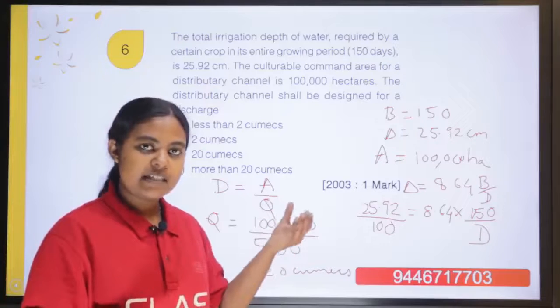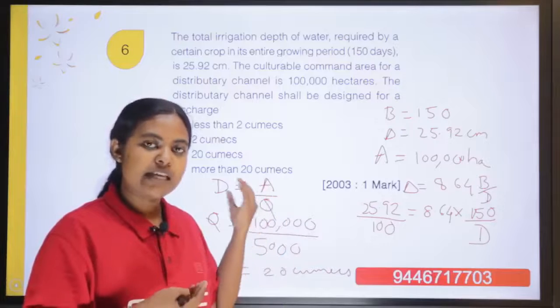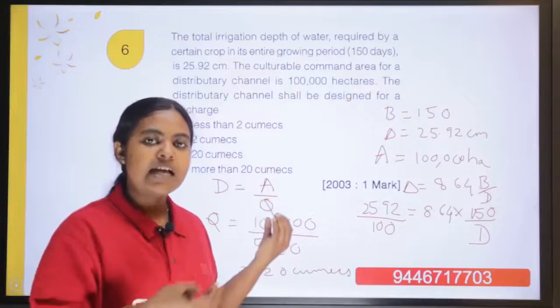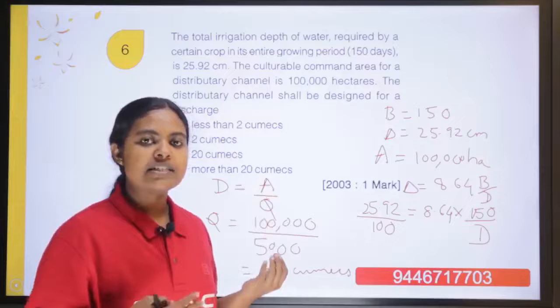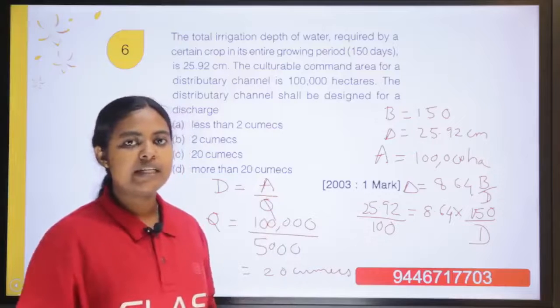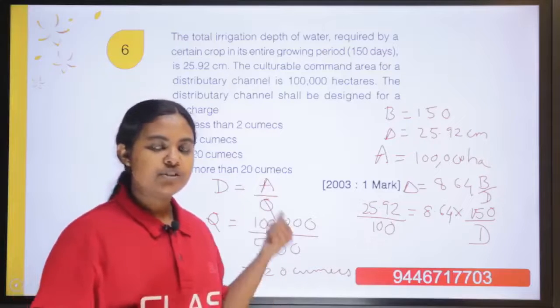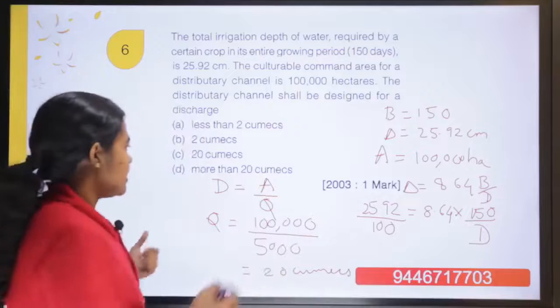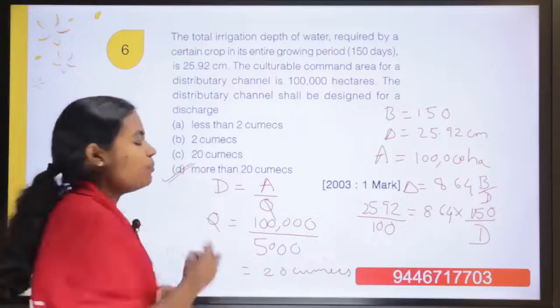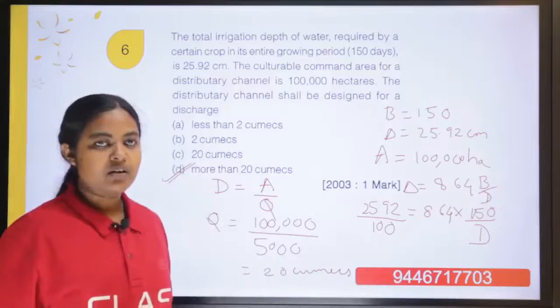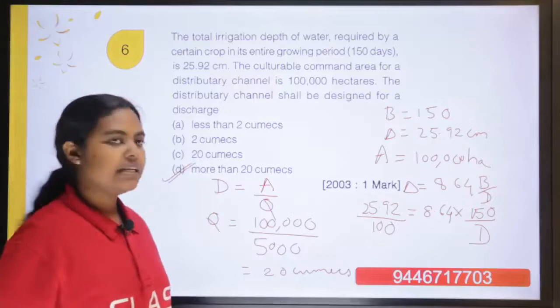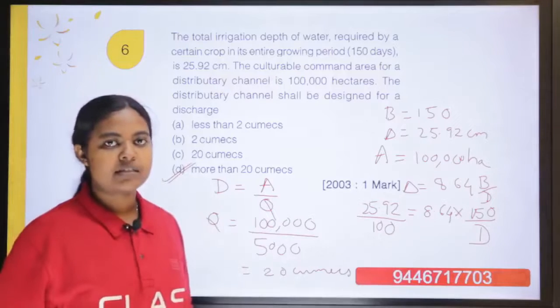Only if it carries 25 or something will we be able to deliver 20 at the field after all the losses. So it should be designed for a discharge of more than 20 cumecs. Okay, so the answer will be D, more than 20 cumecs.